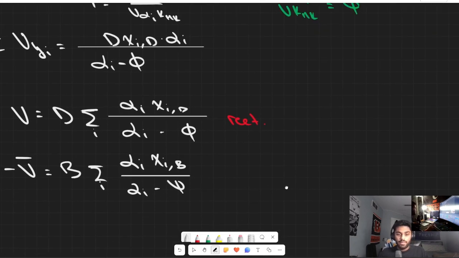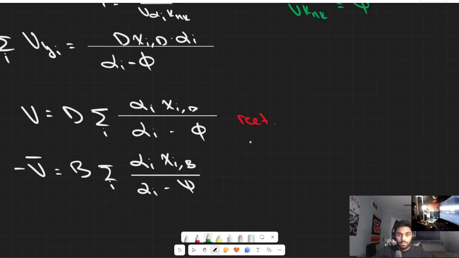And psi, in this case, is going to be L bar over V bar times K of the heavy key.